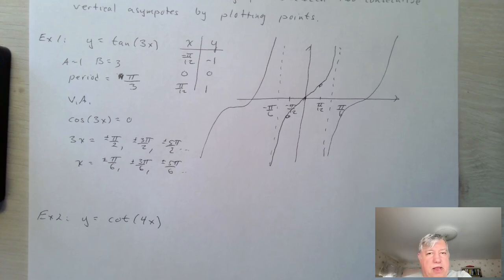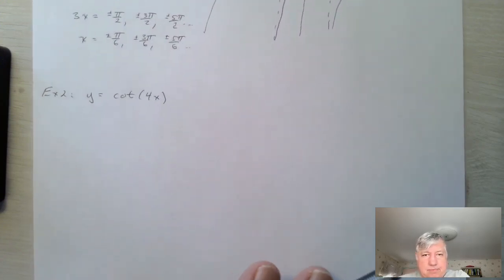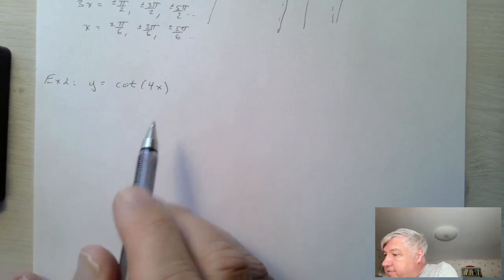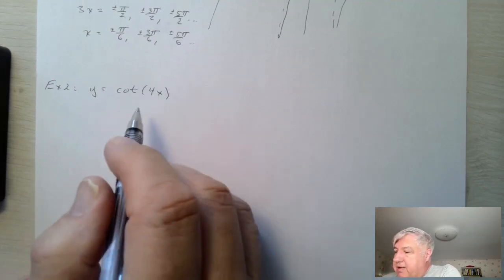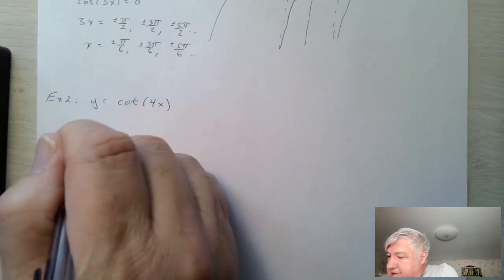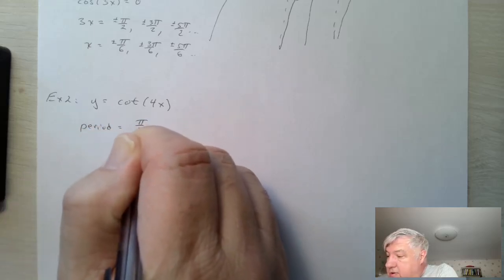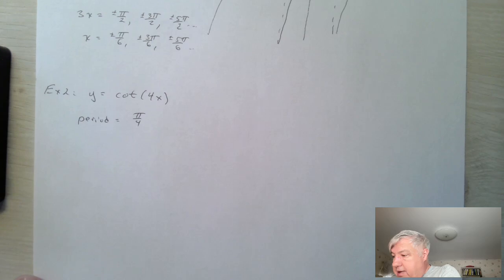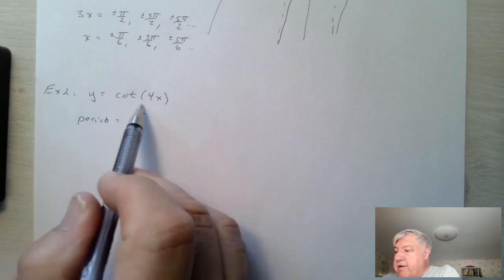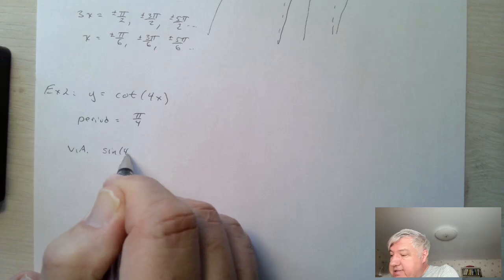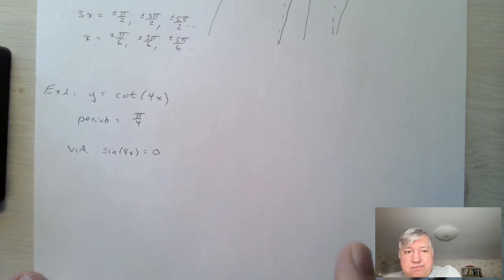Let's look at the cotangent. The period in this case will be pi divided by 4. Okay, and you get vertical asymptotes when the sine of 4x is equal to 0.